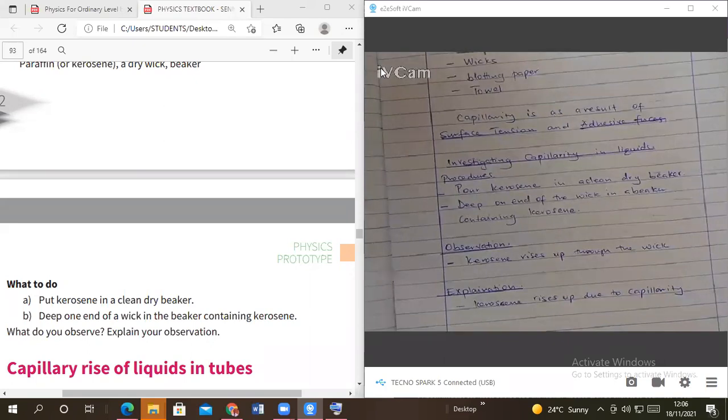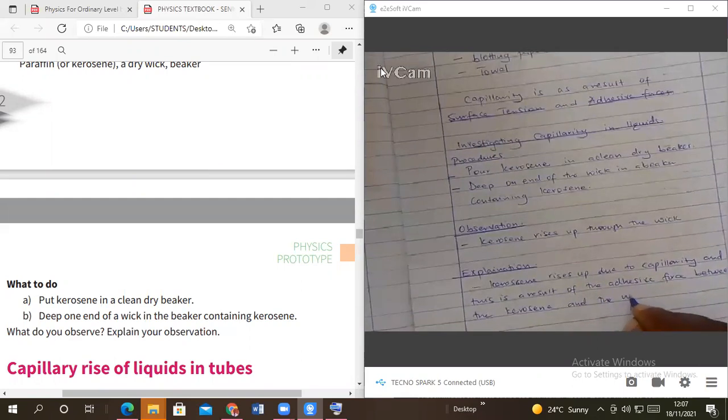So kerosene will rise up due to capillarity, and this is as a result of the adhesive force between the molecules of the kerosene and the molecules of the lamp wick.